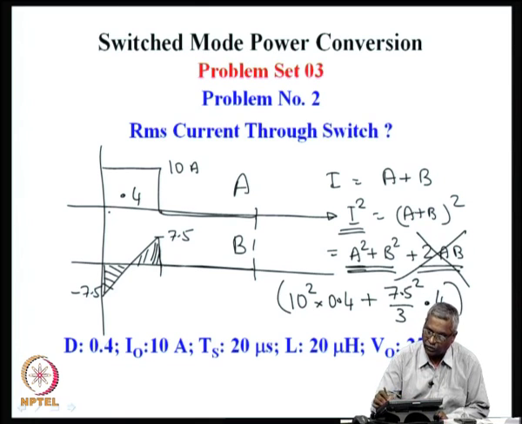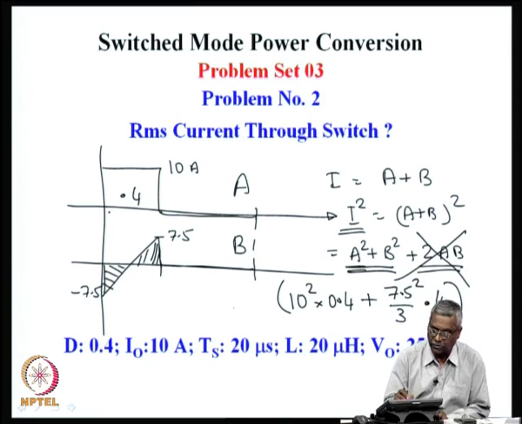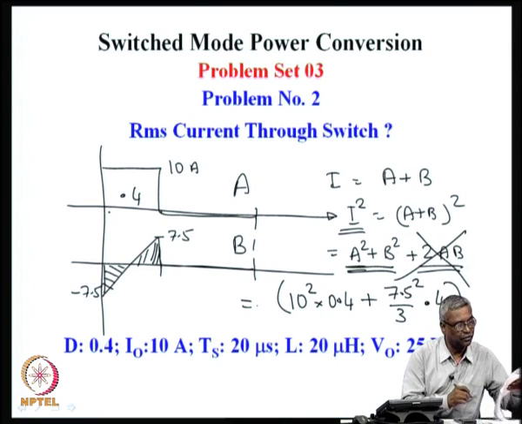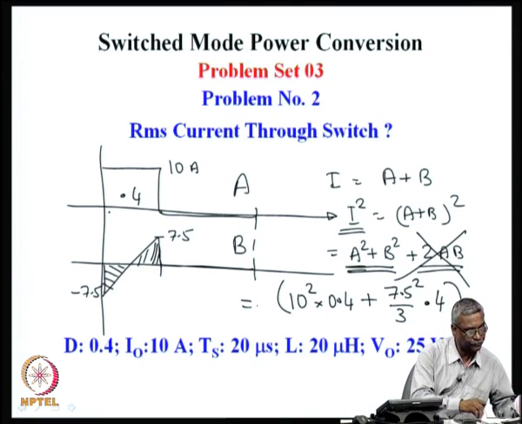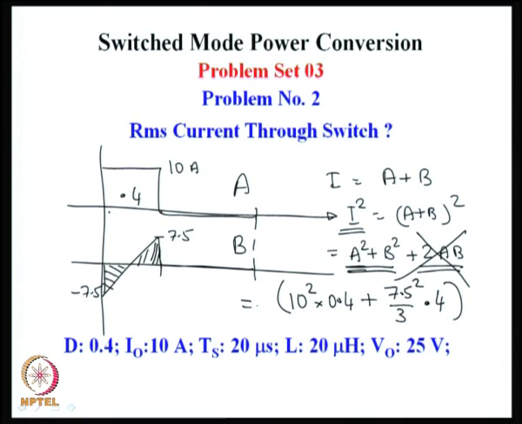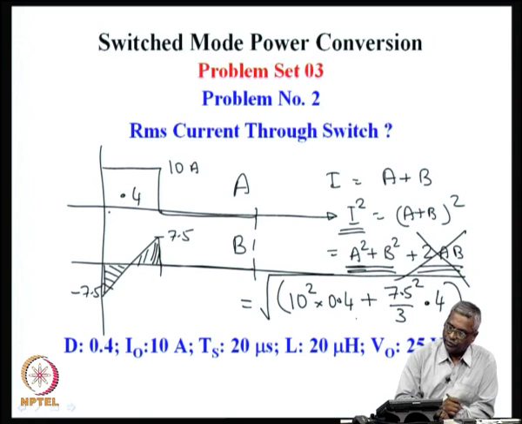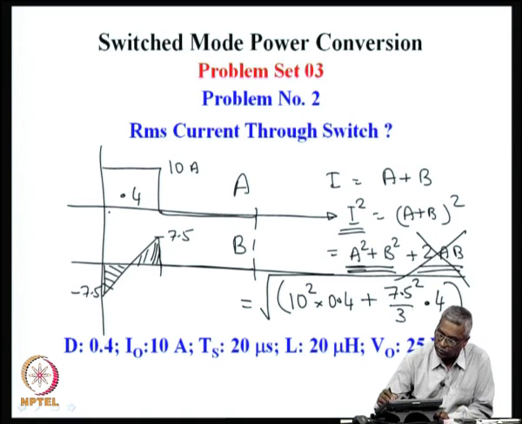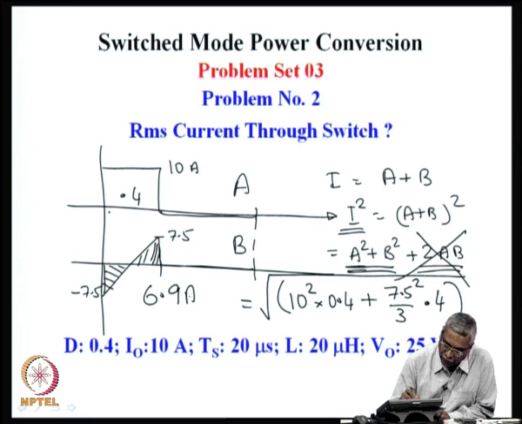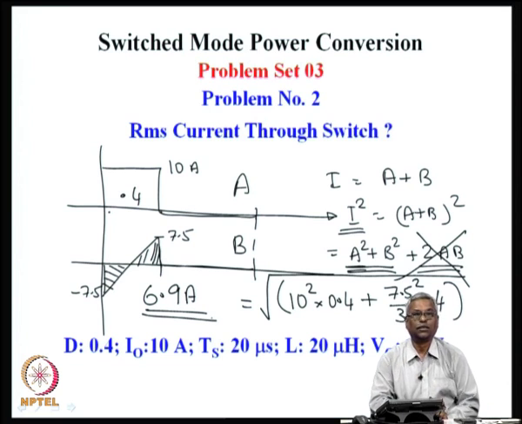So, this is a simple way of evaluating the RMS of this current. It turns out to be 10 square into 0.4 plus 7.5 square by 3 into 0.4, take square root of all that, that is 6.9 amperes.